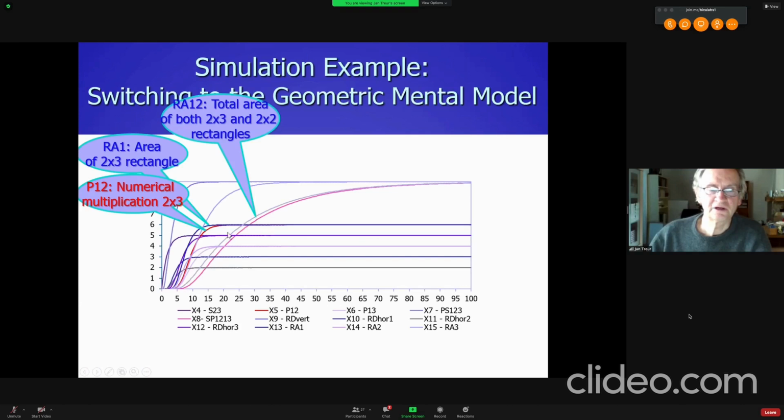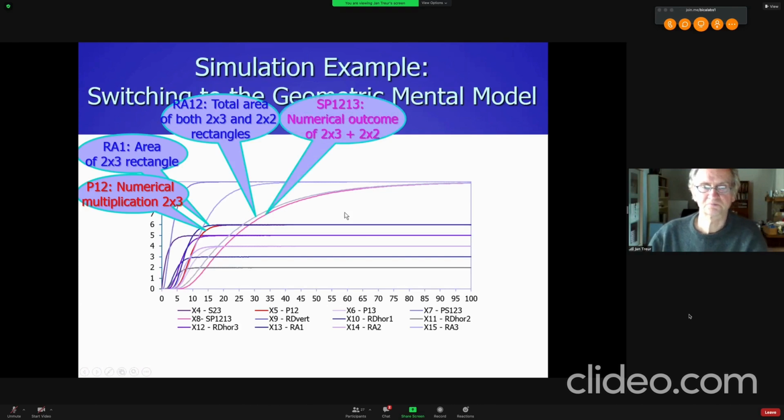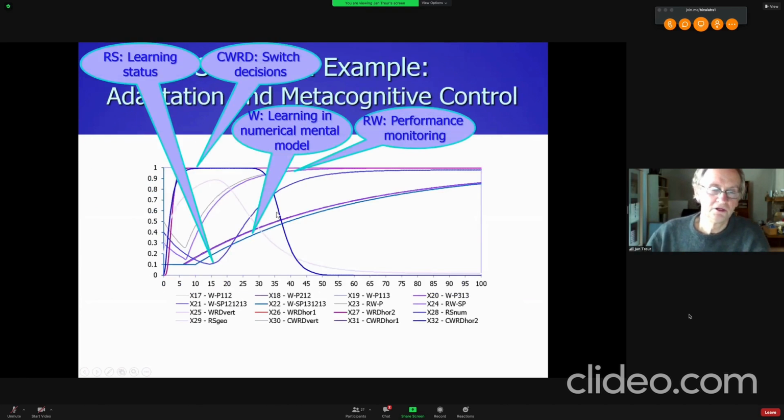So then the total area comes, and this is the final answer, it comes here. And also here the geometric interpretation is done, and then the numerical. So that then you can see the different levels, the higher levels. You see that the learning in the numerical model starts to take place here, because you get this feedback from the geometric side.